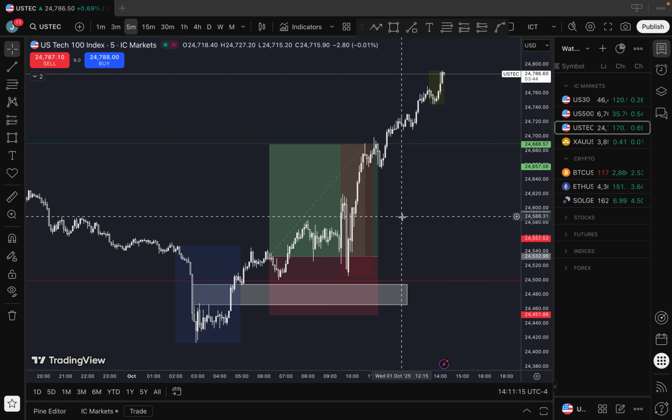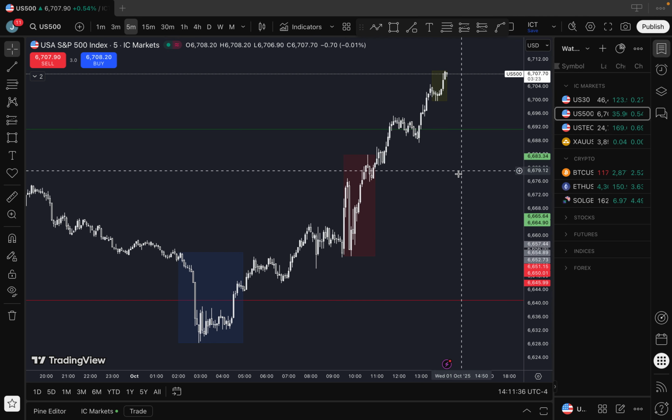In terms of pips, let me just do the maths real quick. 160 divided by 4. So 390 pips on this long.